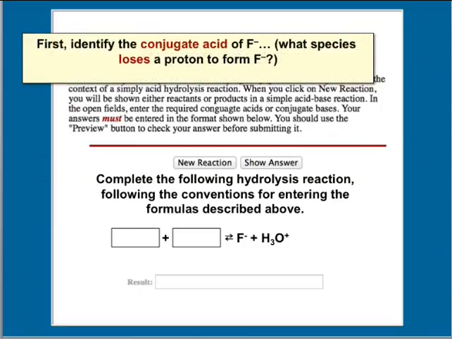Start with fluoride. What is the conjugate acid? Remember, the conjugate acid had one more proton and one less negative charge. And so very simply, the conjugate acid here must be HF.